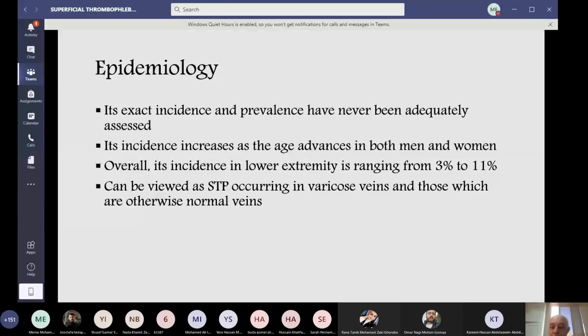We should distinguish between the superficial thrombophlebitis which occurs in the varicose veins, and those which are otherwise in the normal veins. Why should we discriminate between them? There is an obvious cause for the development of the superficial thrombophlebitis in case of the varicose veins.